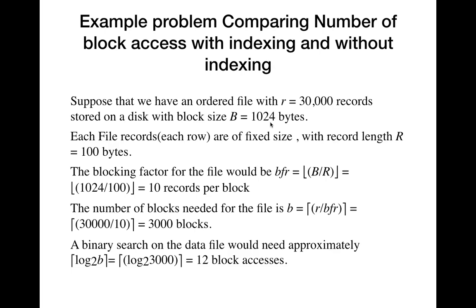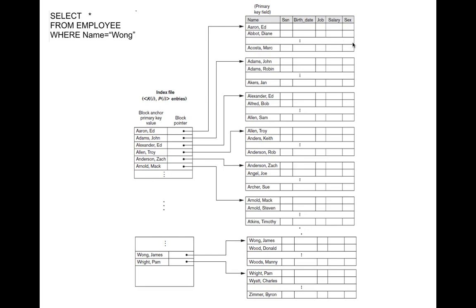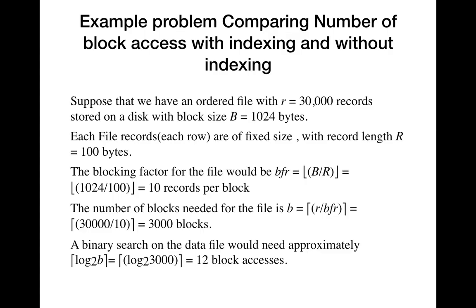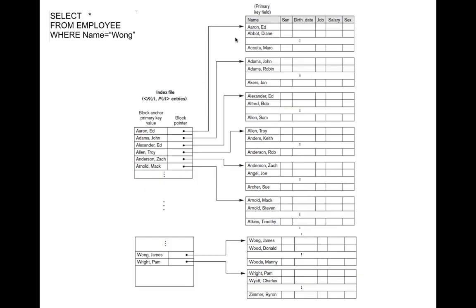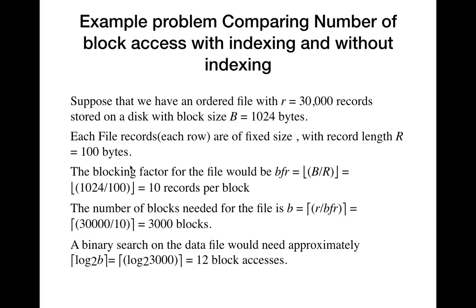So this particular block is of size 1024, and we consider each record length to be 100 bytes. That is, each row is of 100 bytes. Now you can easily calculate how many records can be stored in each block, and that particular term is BFR, the blocking factor, that is how many records can be stored per block.